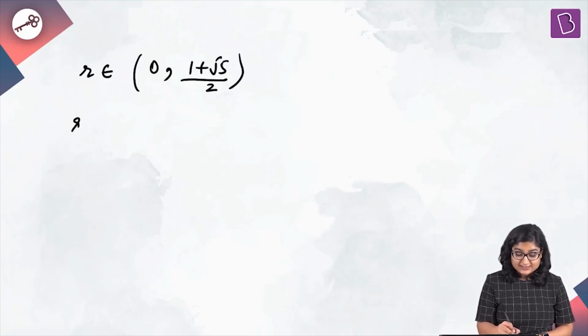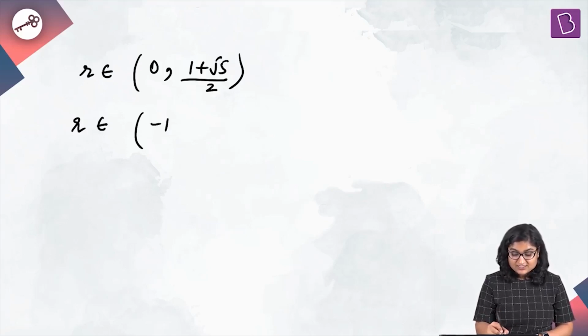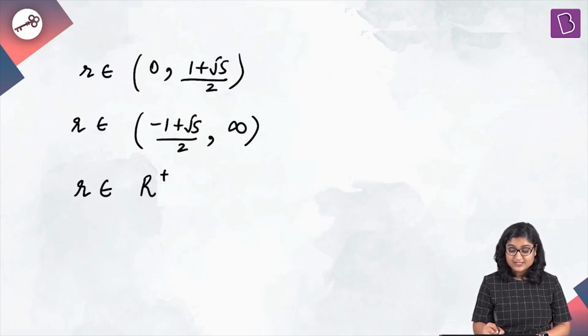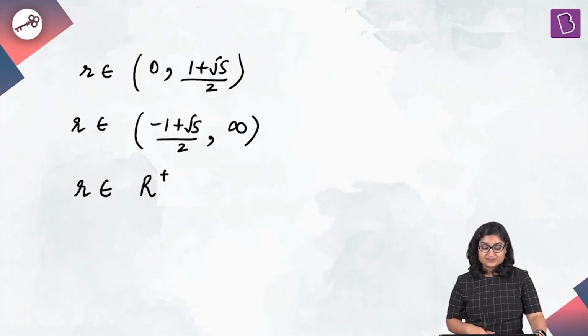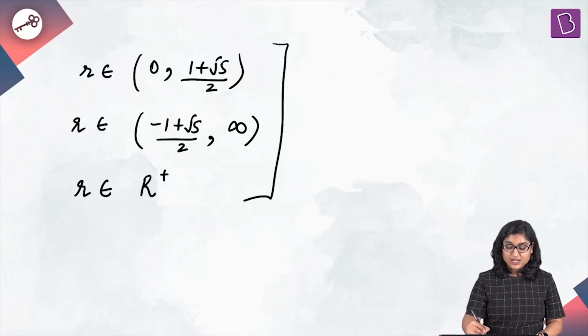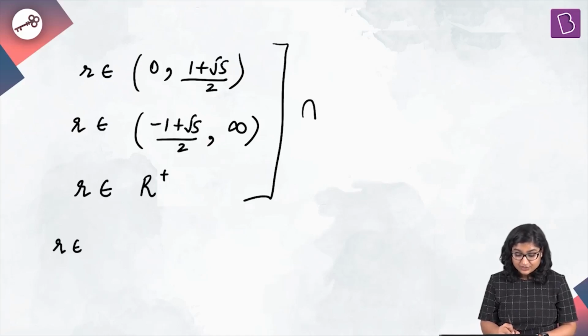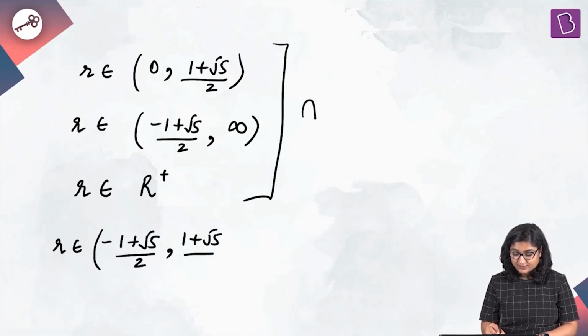The second interval is r belongs to the interval ((-1 + √5)/2, ∞). And the third interval is r belongs to the set of positive real numbers. All I have to do now is take their intersection. When I take their intersection, I'll get r belonging to the interval ((-1 + √5)/2, (1 + √5)/2).